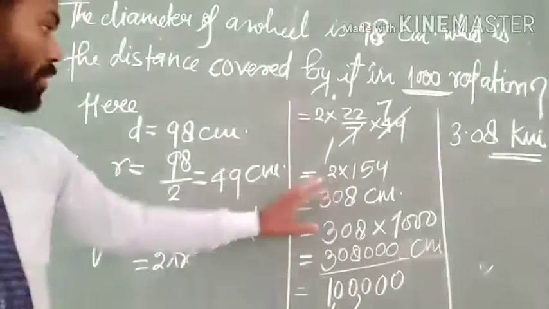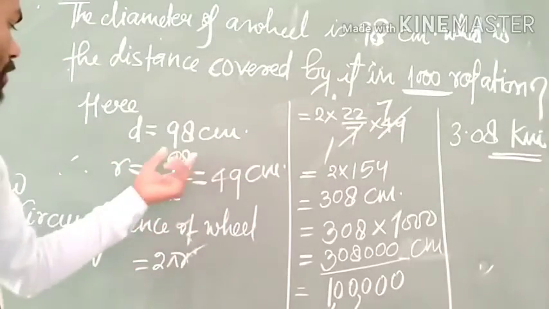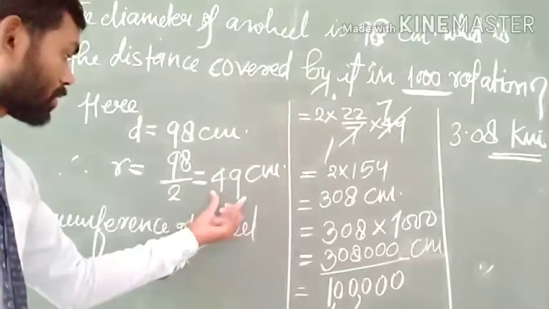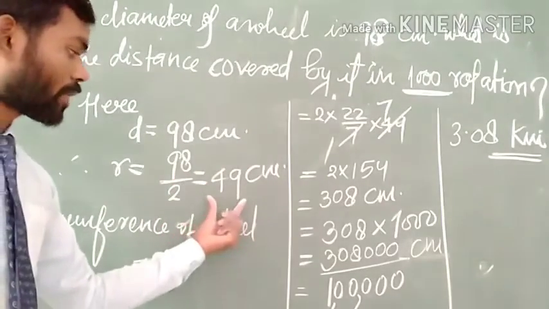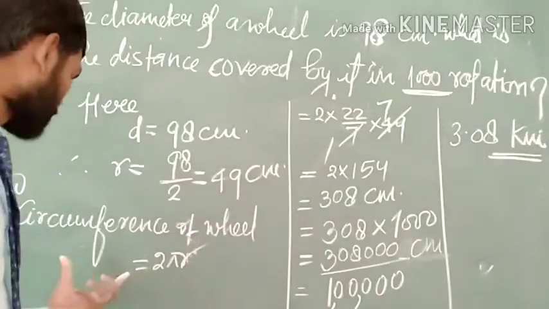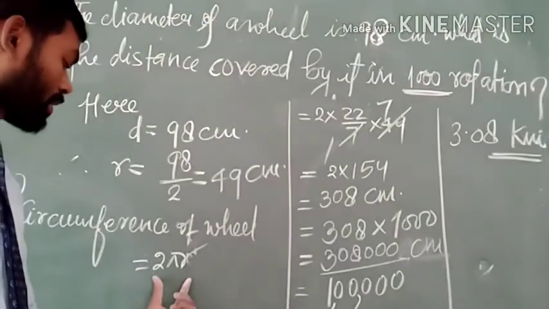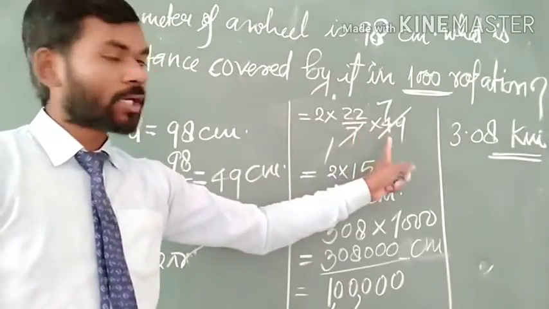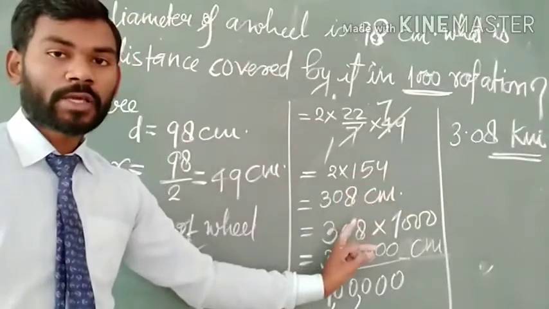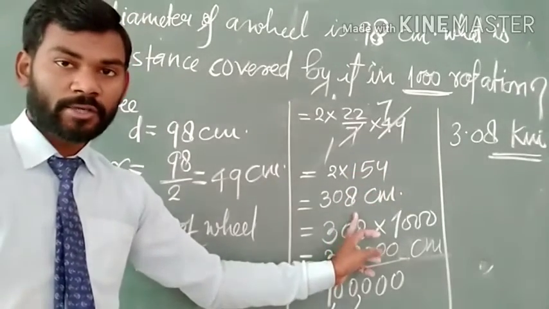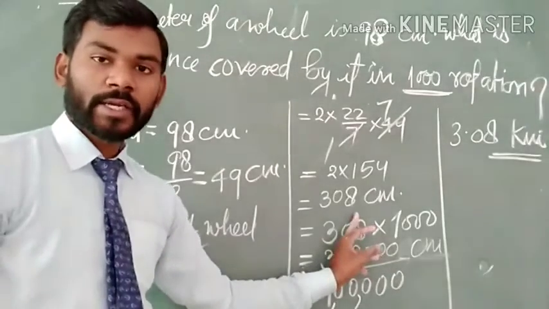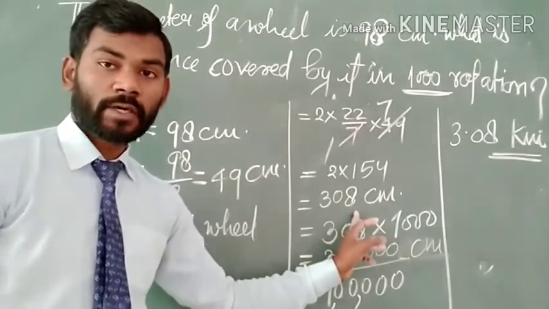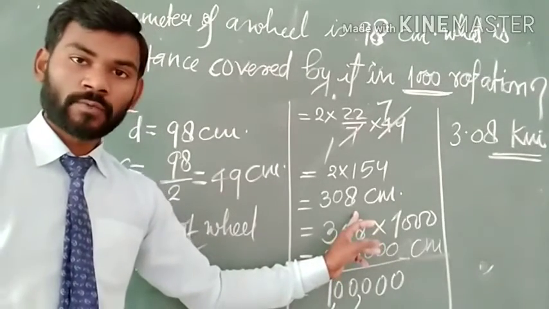The diameter is given and we need the radius for the circumference, therefore we divide 98 by 2 and get 49 as the radius. Therefore the circumference is 2 pi r. Putting the values, 2 into 22 upon 7 multiplied with 49, after solving we get 308 centimeter. 308 centimeter is the circumference of the wheel, which is equal to the distance covered in one rotation.